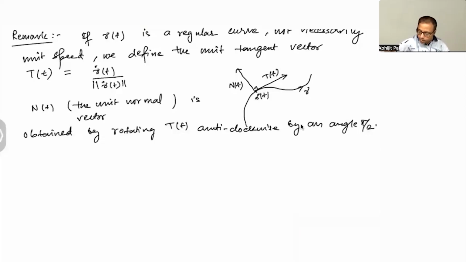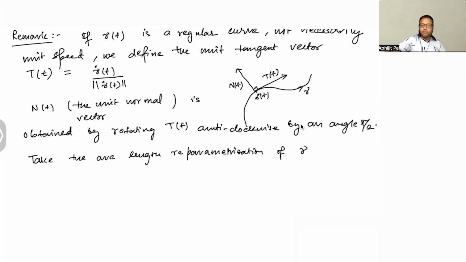Okay, so take the arc length reparameterization of gamma, all right, and then obtain the signed curvature k(s). Okay.